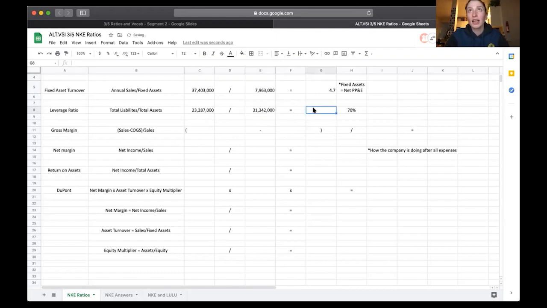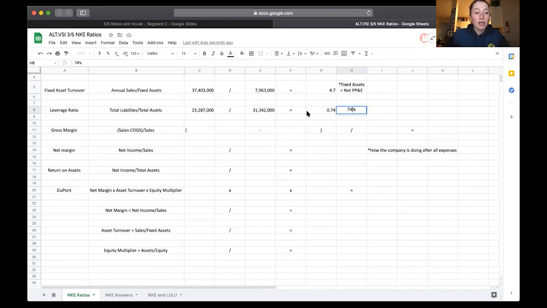And then you end up with 0.74. This is actually 74%. All right. So that is your leverage ratio.